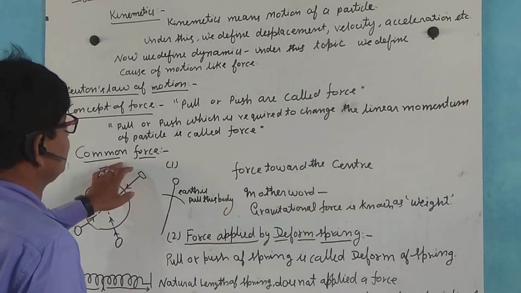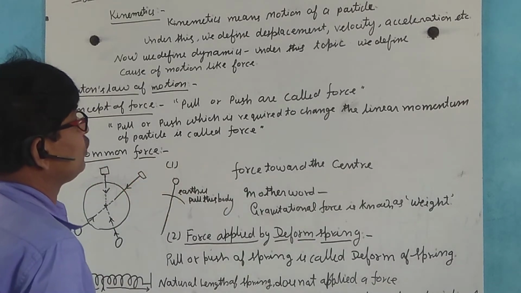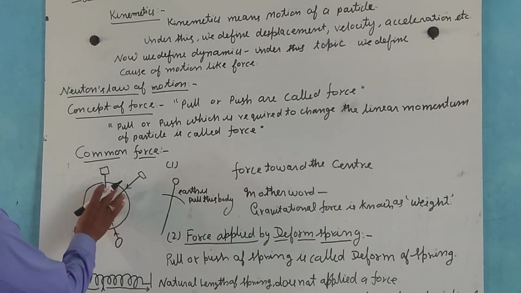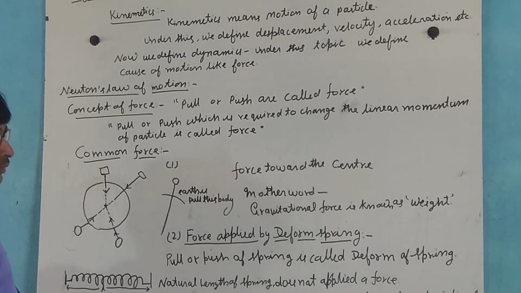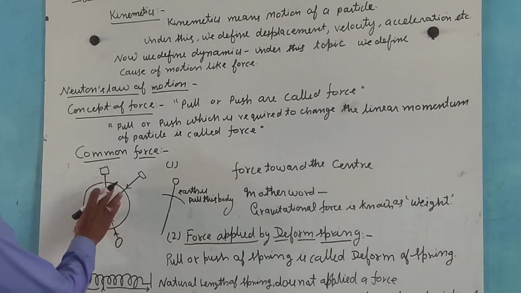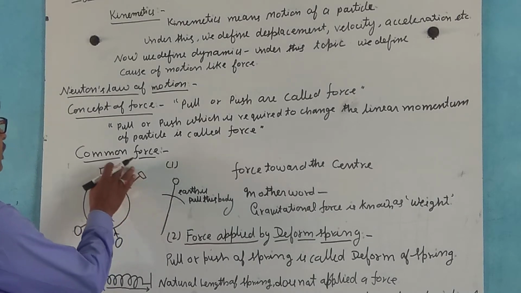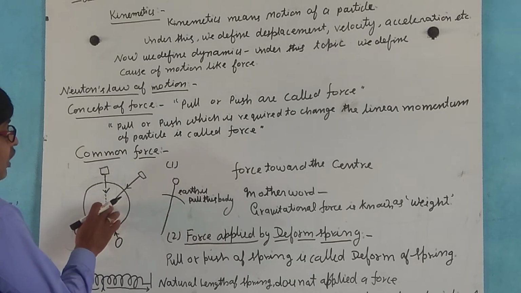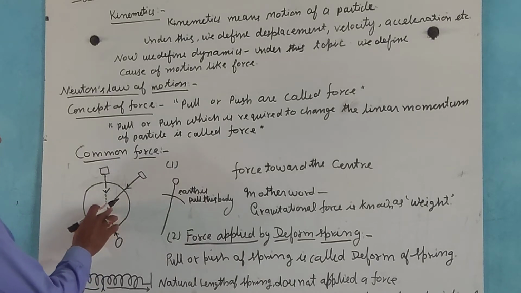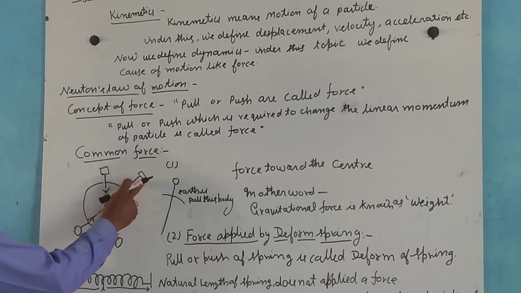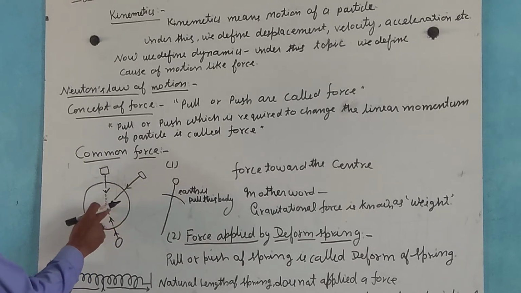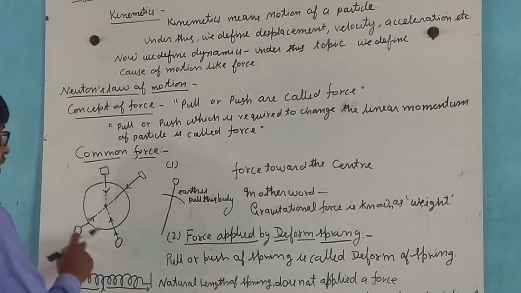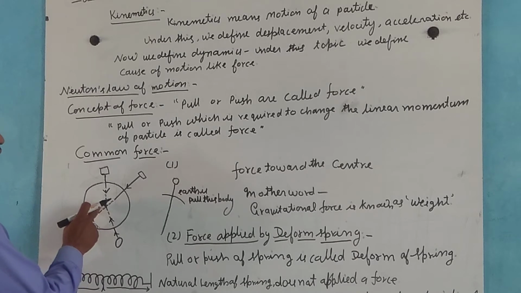First of all, the force toward our earth. This is the earth, and all the bodies surrounding the earth are pulled by the earth toward its center. This is a body. It means that our earth attracts anything surrounding it toward its center.